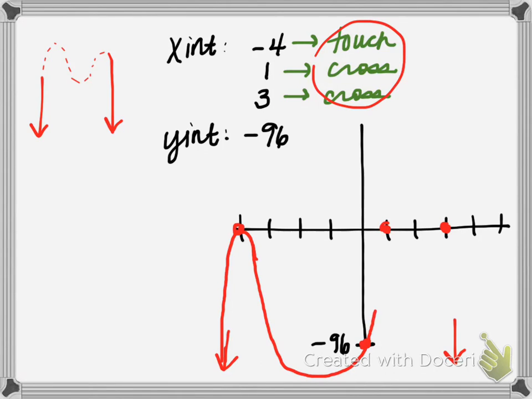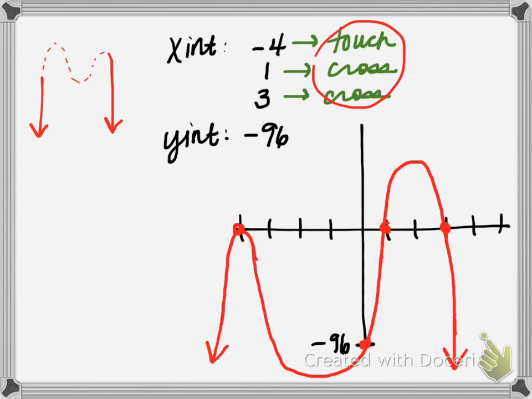Then we would come up to +1, and we said the graph crosses, so we would cross straight through the x-axis there. Then we'll turn around and cross back through the x-axis at +3, and then we have to end up pointing down. And if you need to adjust those arrows, that would be fine to make those look a little bit better. So this is a rough sketch of what our polynomial function looks like.